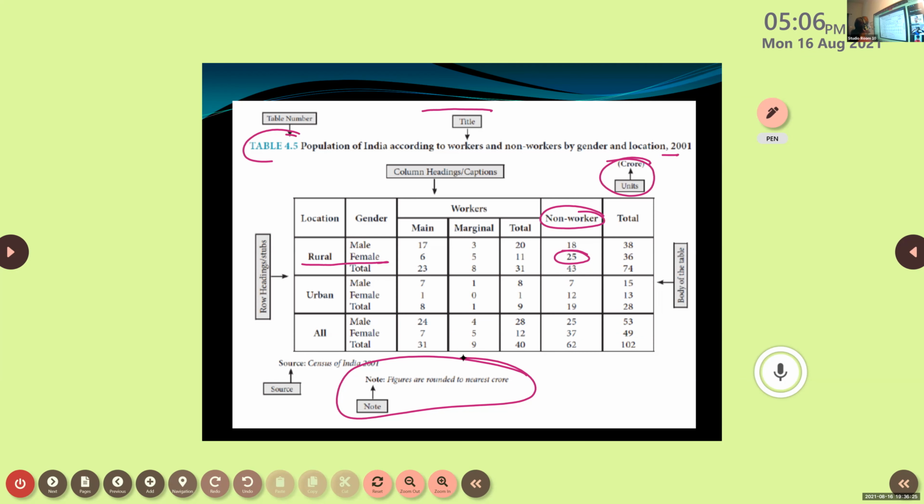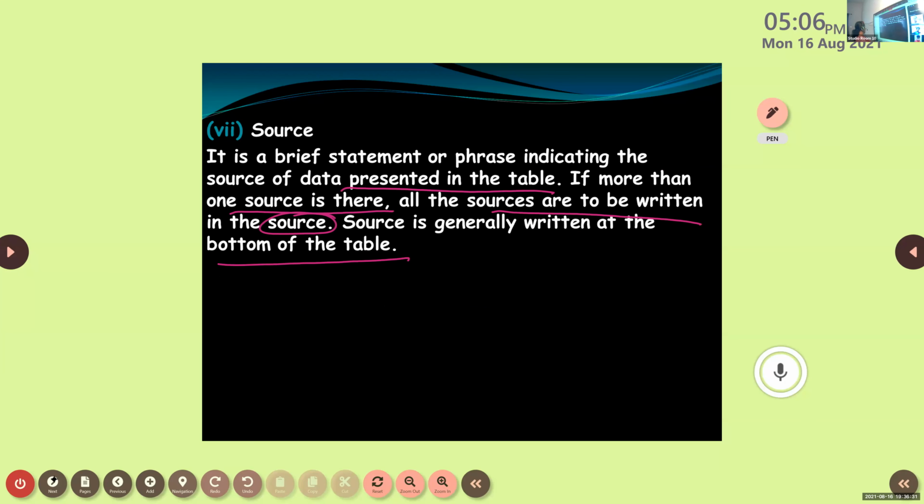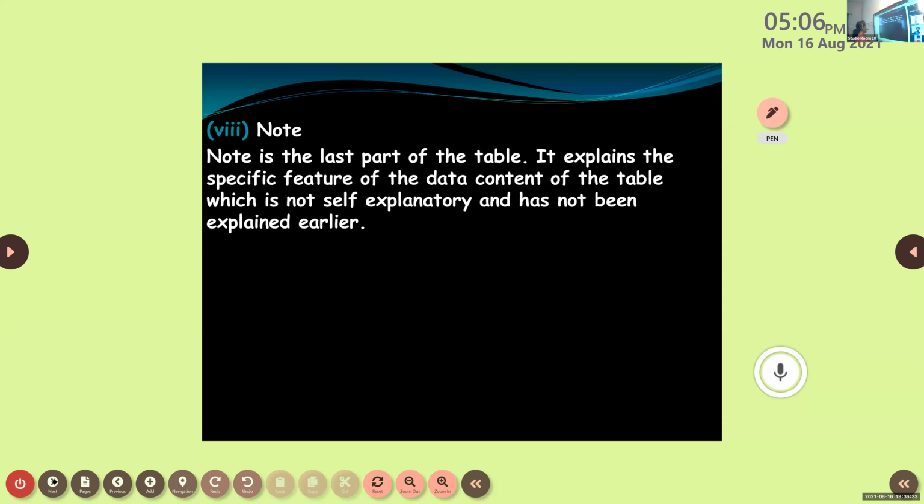So this is another part related to the table. It is the last part of the table. It explains that there is a specific feature of the data which is not self-explanatory.